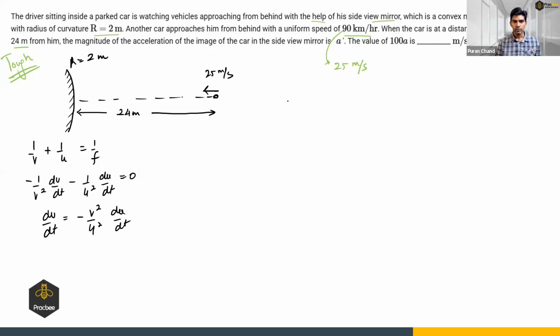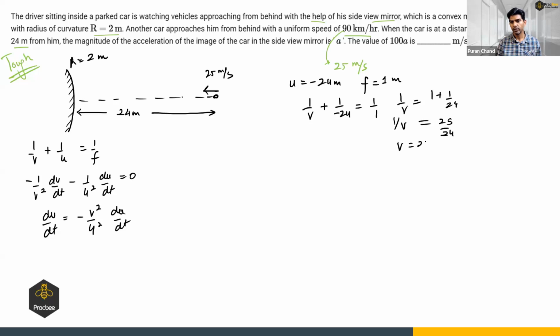Let us find the value of v when u is minus 24 meter and focal length will be 1 meter. So 1 by v plus 1 by minus 24 is equals to 1 by 1. So 1 by v is equals to 1 plus 1 by 24. So that will be 25 by 24.